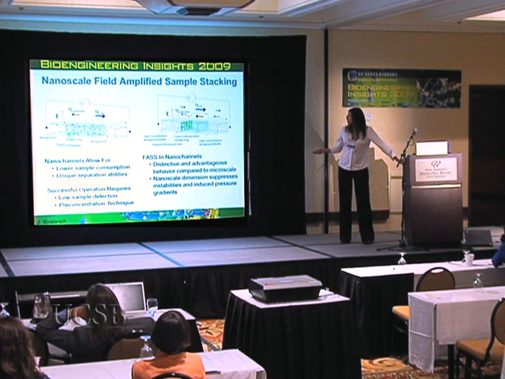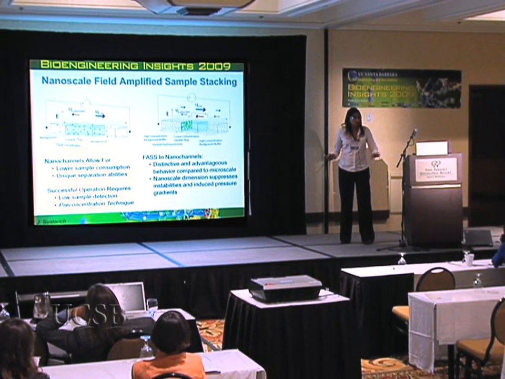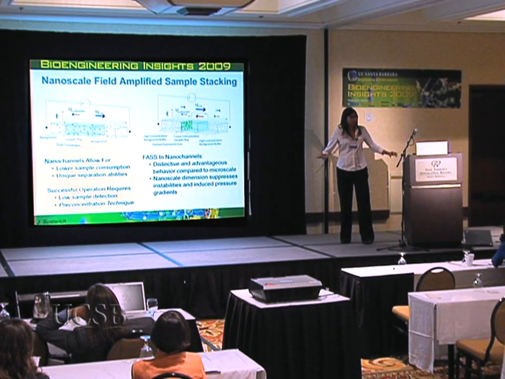We really want to concentrate it and measure it and try to increase concentration as much as possible. So to do that, we've decided to embark on something called nanoscale field amplified sample stacking. How that works is if you have a channel and you have your sample in a region that's very low conductivity, low concentration buffer, as opposed to the outside of the channel, which is high concentration buffer, if you apply an electric field in the low concentration buffer, to have conservation of current, V equals IR, you're going to have a higher electric field inside this low conductivity channel than you are outside.